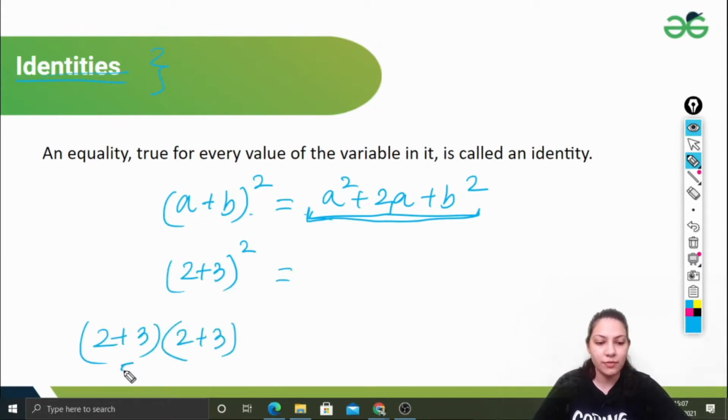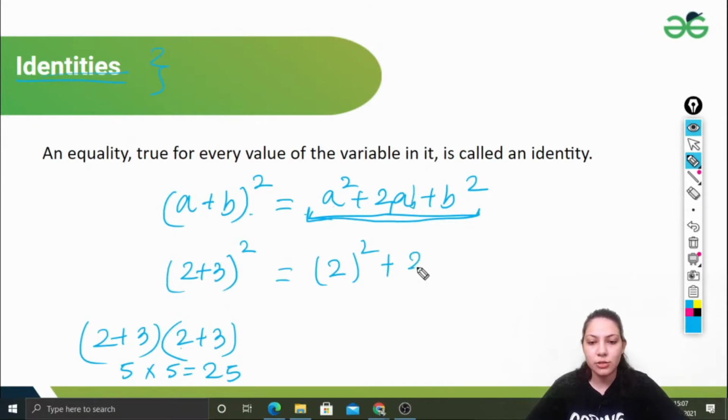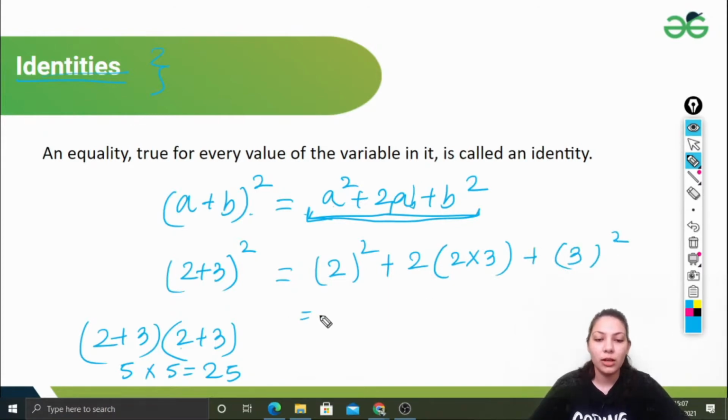So 2 plus 3 is 5 into 2 plus 3 is 5 equals 25. Now let us check and substitute the values over here. So a's value is 2 square plus 2ab, that is 2 into 3 plus b square, that is 3 square. Let us solve. 2 square is 4 plus 2 2s are 4, 3 2s are 6, 2s are 12 plus 3 square is 9. And 12 plus 4 is 16 plus 9 is 25.